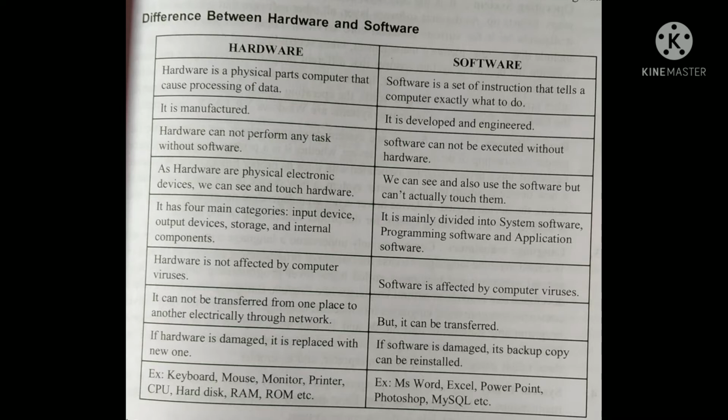System software consists of several programs which are directly responsible for controlling, integrating, and managing the individual hardware components of a computer system. In simple terms, system software makes the computer function.